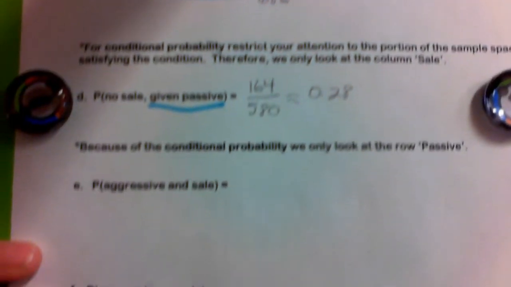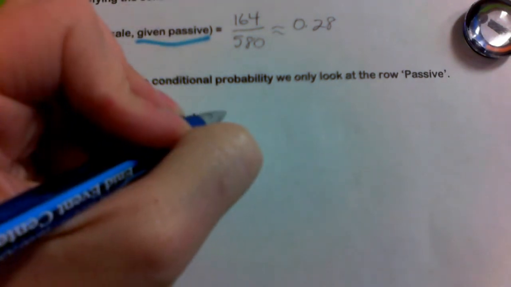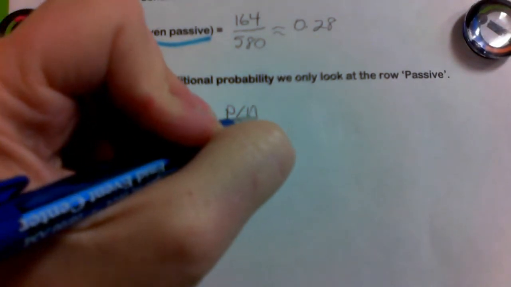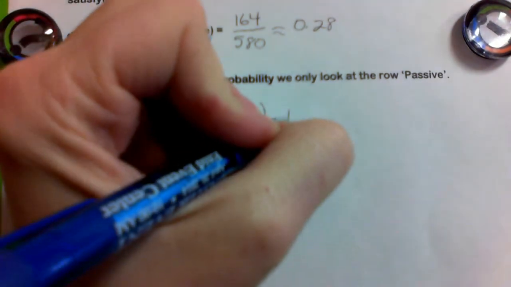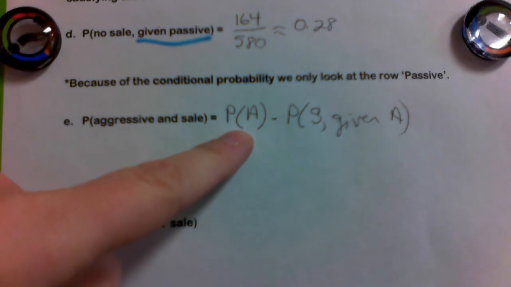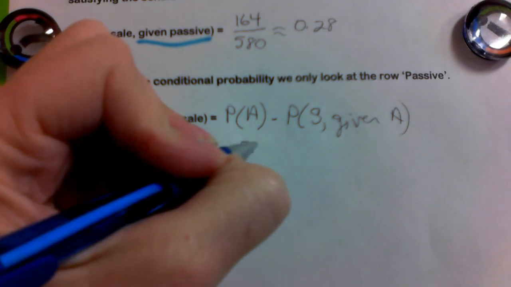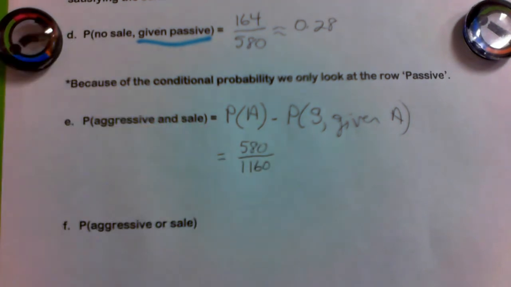Now, on E, you see that you have and, the probability of aggressive and sale. So if we fall back to our multiplication rule, that would be the probability of aggressive times the probability of a sale given aggressive. So the probability of aggressive, well, if you look back to question A, we answered that. That is 580 over 1160, or 1/2, but I want to show you in the full decimal.